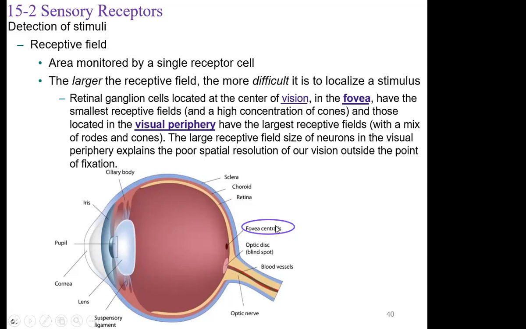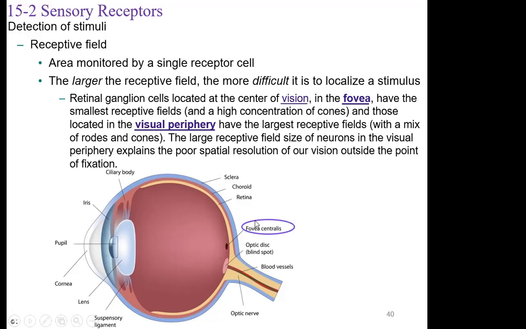This particular area here called the fovea centralis is where you want the light to ultimately refract and hit in order for you to have that good 20/20 vision. If the light comes in and it bends and refracts and doesn't hit the fovea, then your vision is not that great. That's why you get glasses or contacts to help the light bend in the correct way so that it hits the fovea.